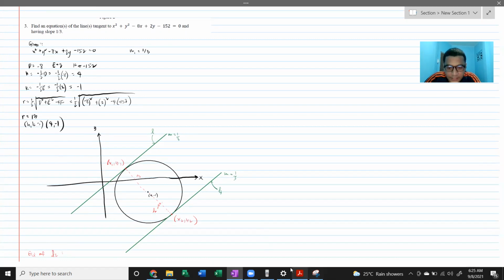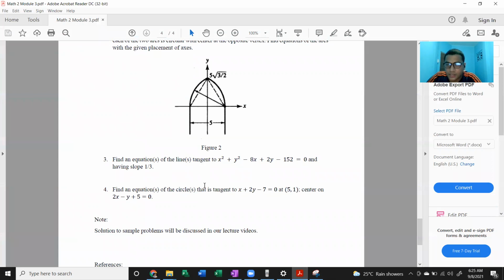Okay. Now let's solve for our problem set. Sample problem number 4. Find an equation or equations of the circle that is tangent to the given equation at a given point of tangency, and also the center is given, is located at an equation of the line.